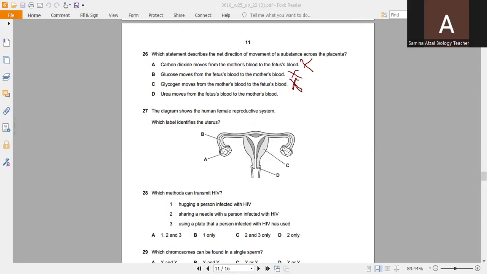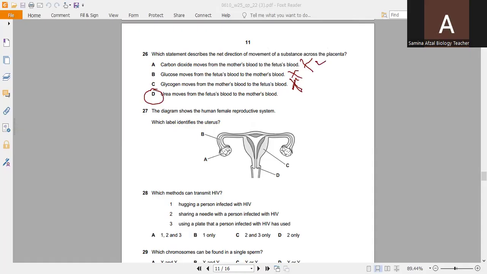Urea moves from the fetus's blood to the mother's blood. Yes, the mother is responsible to remove this metabolic waste product, which is produced by the fetus. So it must cross the placenta into the mother's bloodstream to be excreted by her kidneys. So D is the correct option.